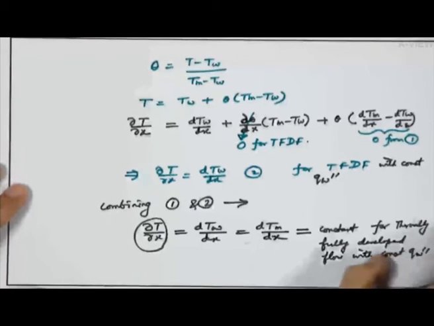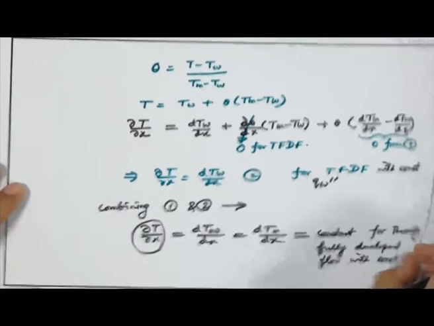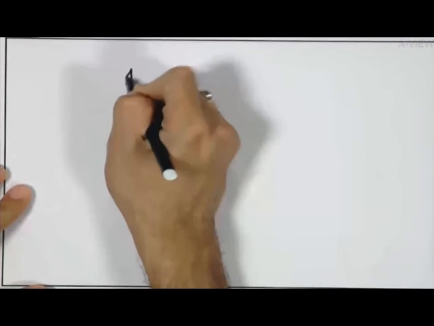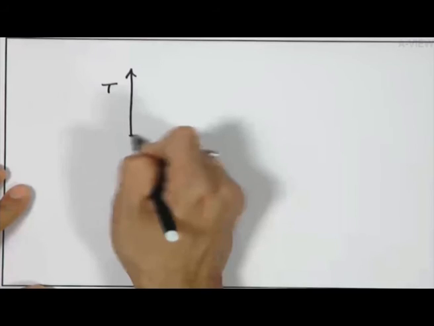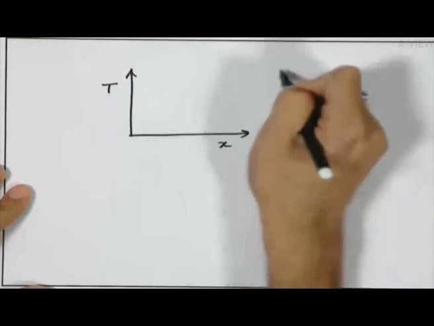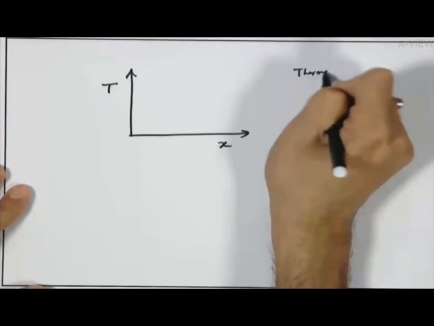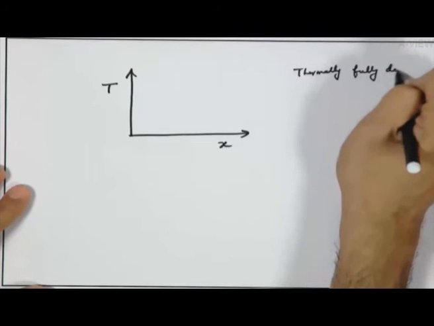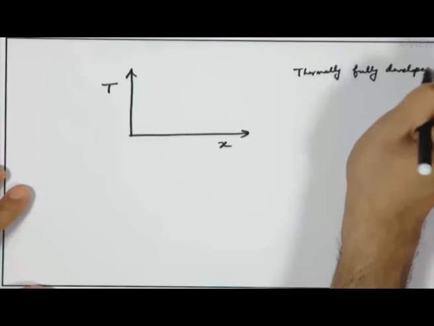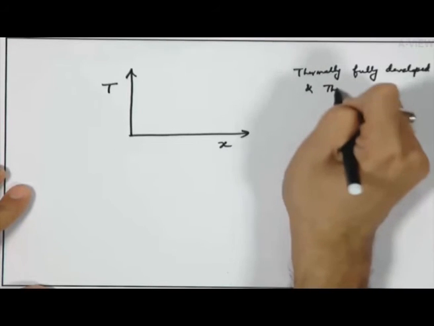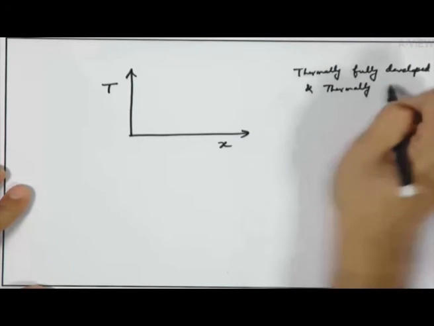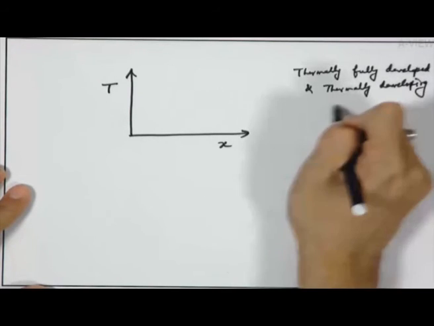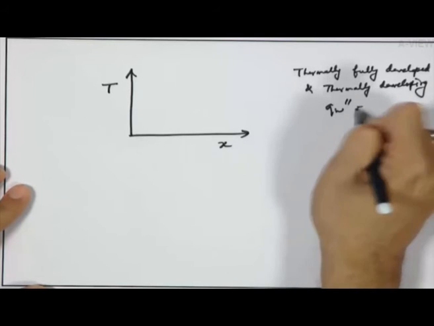So now let us draw a profile of temperature as a function of x, bulk mean temperature and wall temperature, for thermally fully developed flow and thermally developing flow together with constant wall heat flux.